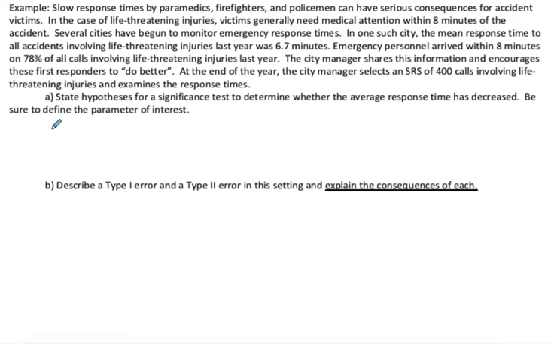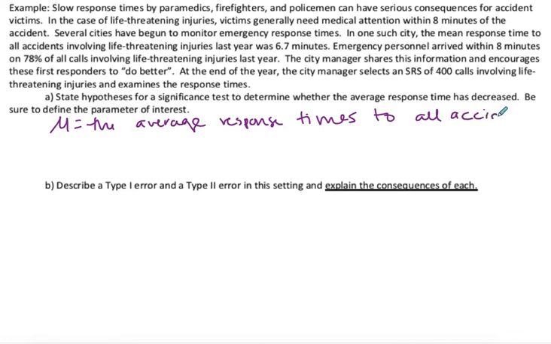All right, so our parameter we're interested in studying here is the average response times to all accidents involving life-threatening injuries.